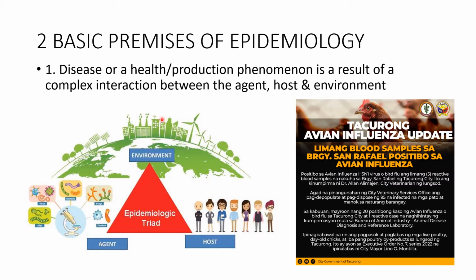The environment played a role because biosecurity in our farms, backyard or commercial, perhaps was not very strict, or in the area itself, the city, the province, the biosecurity protocols are not that strict, which enabled the rapid spread of the virus.